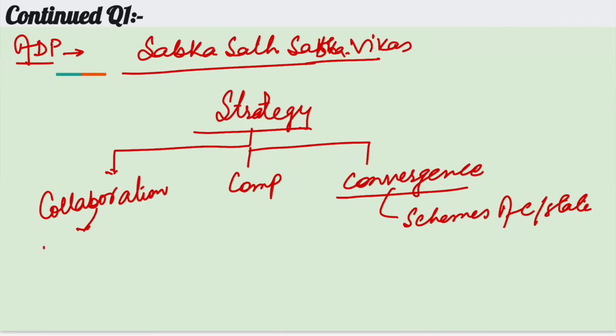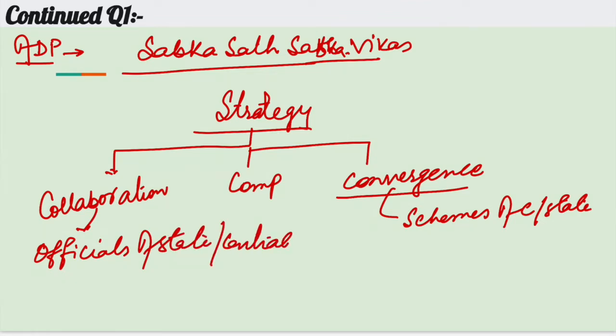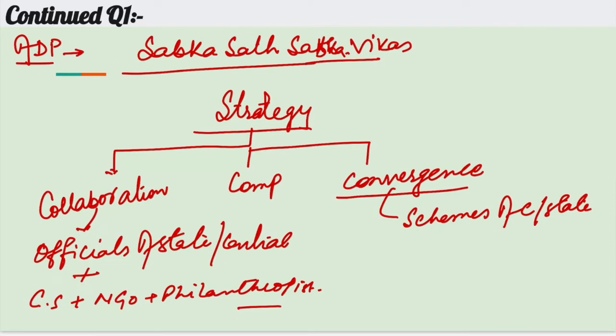And collaboration means the collaboration between the officers or officials of the state government and central government, along with their collaboration with civil society, NGOs, and philanthropists. Okay, some of the NGOs, such as Lupin Foundation and Piramal Foundation, are working in order to make ADP a success.